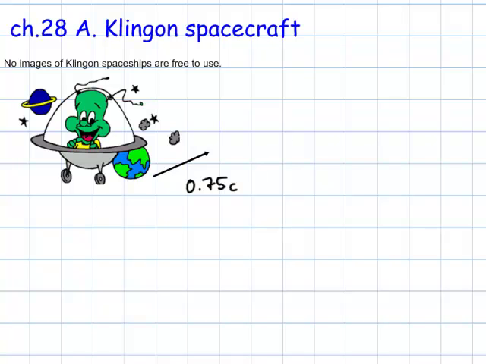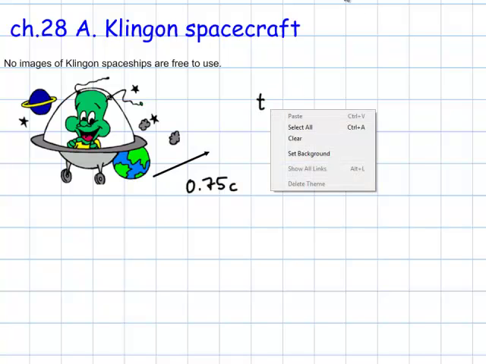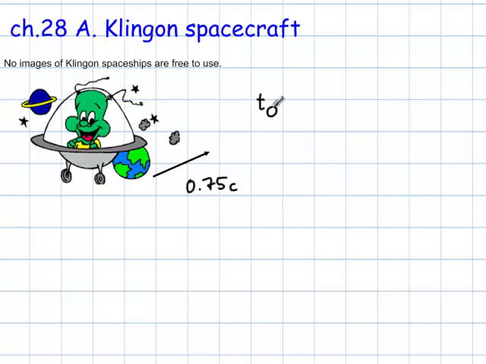And so that means for them it's the time dilation happening on Earth, and I'm going to write the equation down for the time dilation. So here's the one for the Earth, the time for the Earth, and that equals the time for the Klingons on their spaceship.